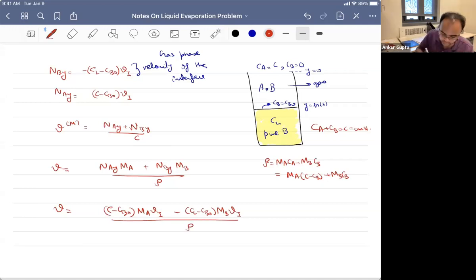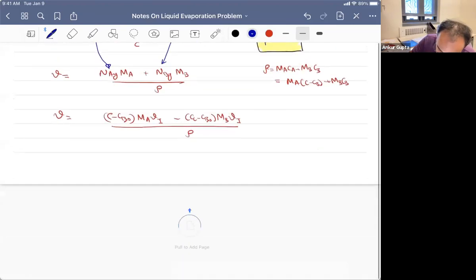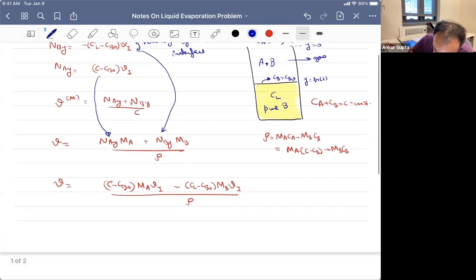Sorry, I think I might have done the opposite at first. So all I have done is substitute the values of NAY and NBY here, and this is my velocity at any general location.